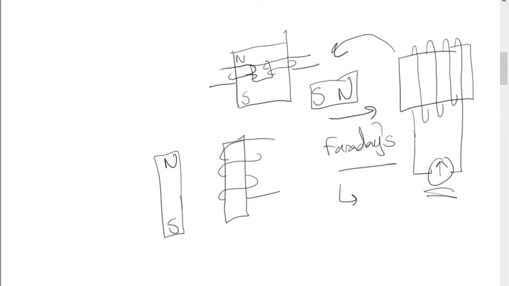It's very, very important that you remember that this is all based on change in flux linkage. Why? Coming back to the magnet, as long as you move it, you get induced EMF. Why? Because that led to a change in flux linkage. Now the important bit is, what's going to happen if you stop moving it? Tell me?